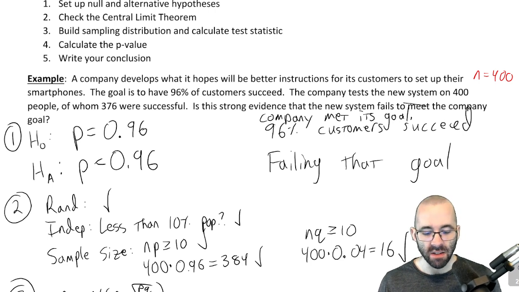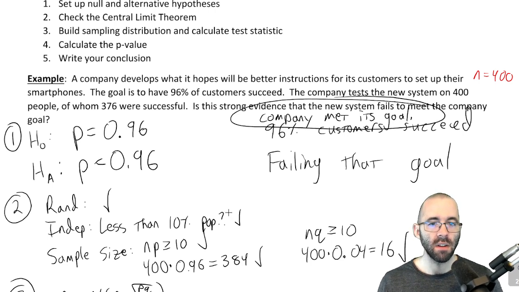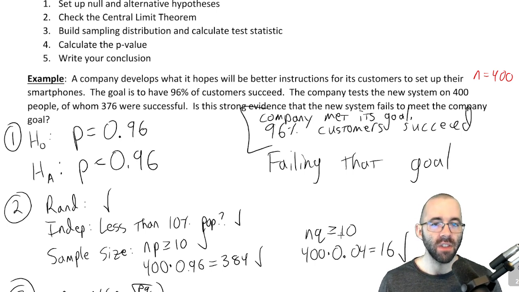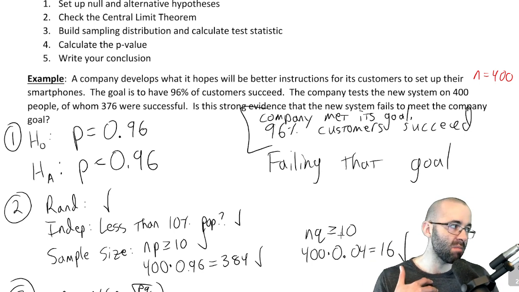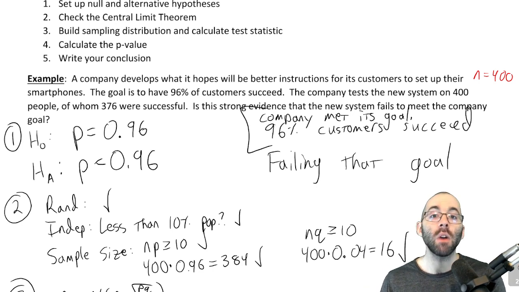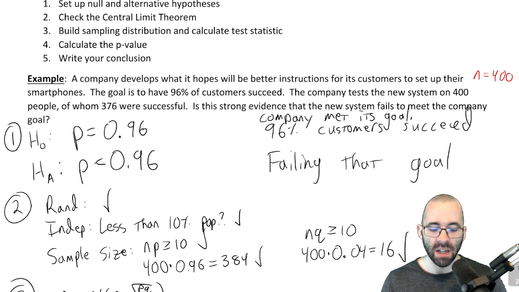There's not enough evidence to say the company met its goal. We are rejecting this claim. Hypothesis testing is all about we have a claim, we take some evidence, we compare them. We wanted the company to meet its goal. We are testing to see whether it failed. We're rejecting the null. That's saying the company did not meet its goal.